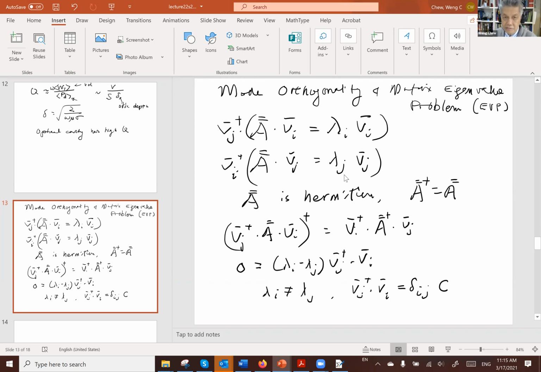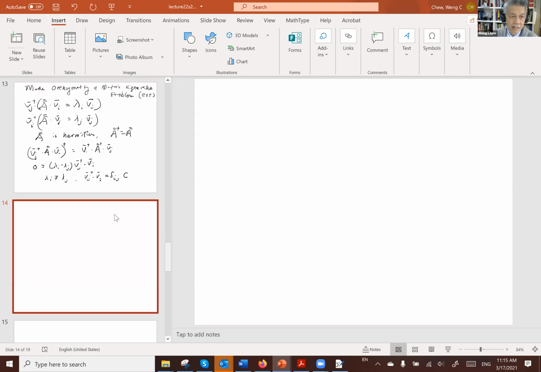And what we have actually is the fact that when we are solving Maxwell's equations and looking for the eigenfunctions of the cavity mode, we are essentially looking for eigenvectors of a more abstract operator.